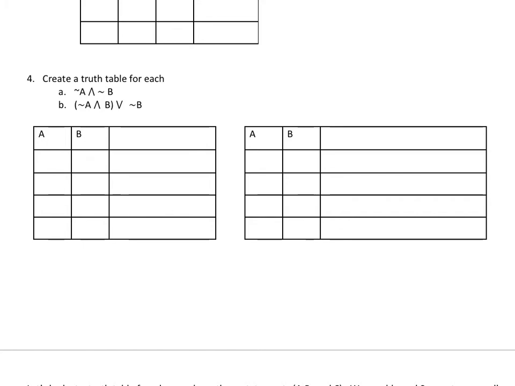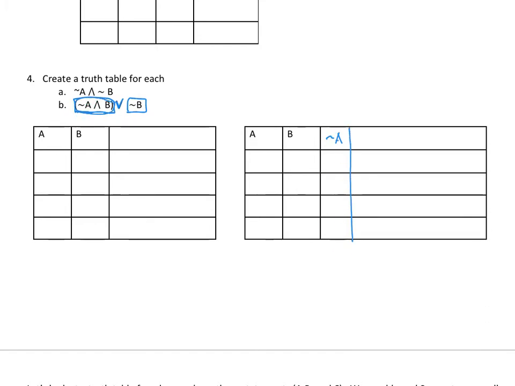More things are involved for part B, so maybe I can get you kind of started. So part B, I noticed that it is this whole thing or this negation of B. So first of all, it involves the complement, negation of A. So I'm going to write negation of A. And then I'll look at this whole thing.